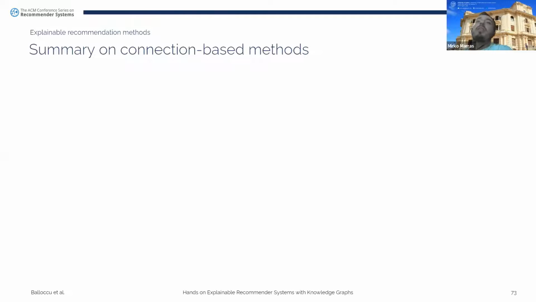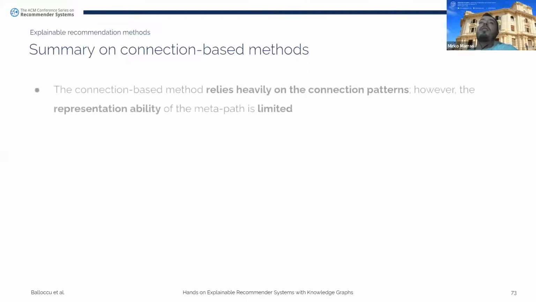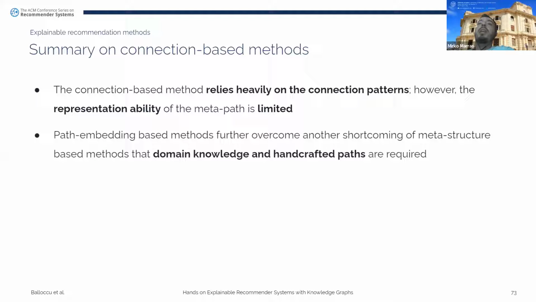Let's briefly compare the metastructure-based methods and the path embedding-based methods. So the connection-based methods really rely heavily on the connection patterns. However, the representation ability of the meta path is limited, which hinders the performance of traditional metastructure-based methods. Path embedding-based methods overcome another shortcoming of metastructure-based methods, that is that domain knowledge and handcrafted paths are required.